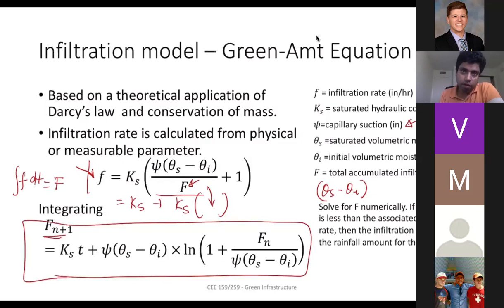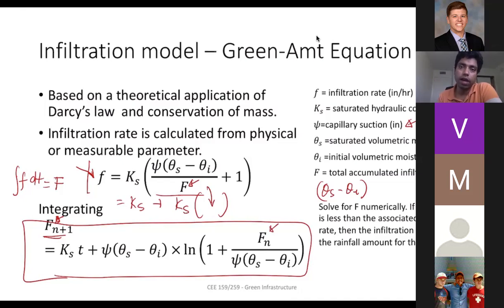And this is a circular problem. The reason is the infiltration rate, or total amount of water received at any time, is a function of the infiltration capacity before that time step. So this is an iteration step. You make a choice of F, calculate F(n+1), then you substitute again back there, and repeat until it converges. So this equation you cannot solve by calculator.